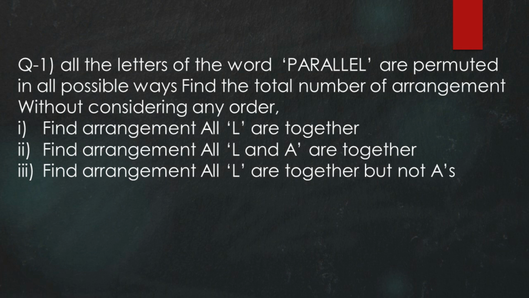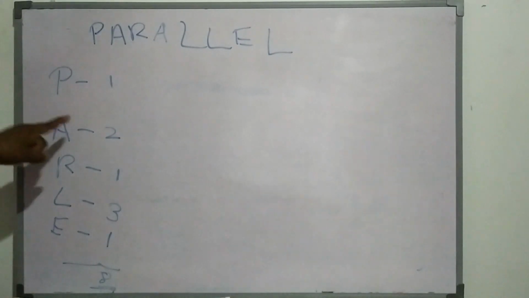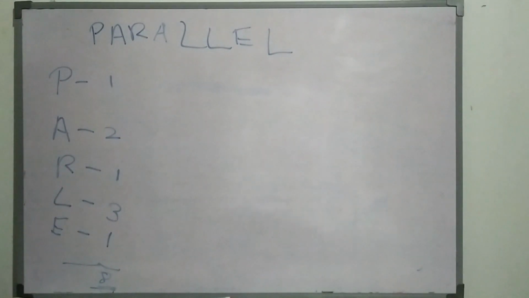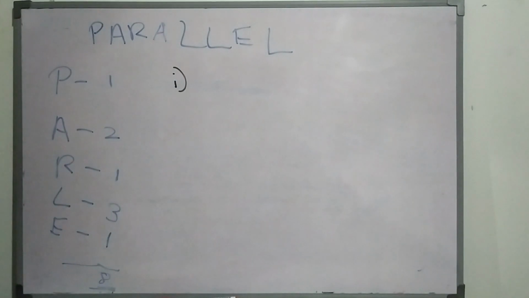The first thing is you should write the word parallel. We have one P, double A, one R, triple L, and one E. All together it's 8. And the first roman numeral, they ask the total number of complete arrangements.